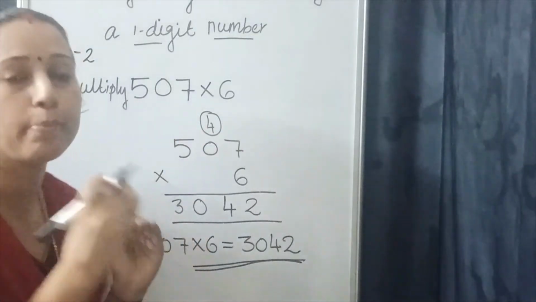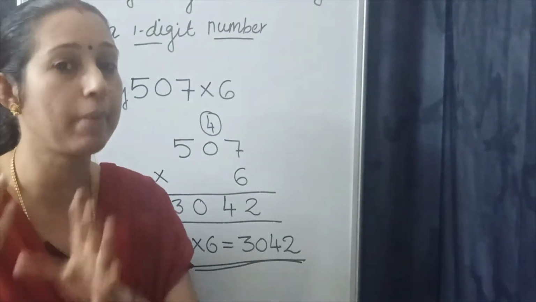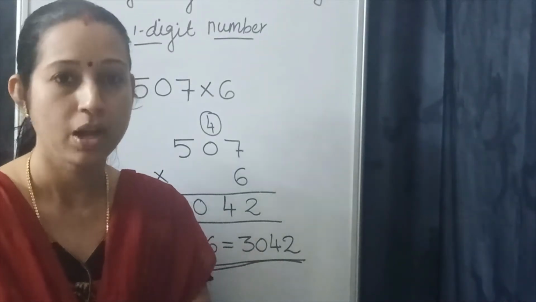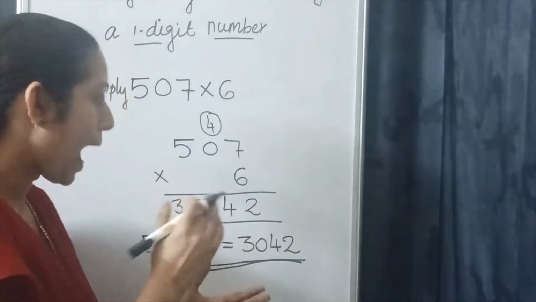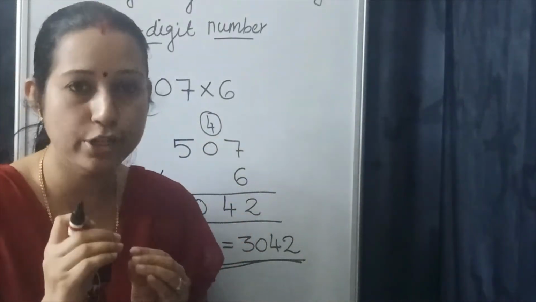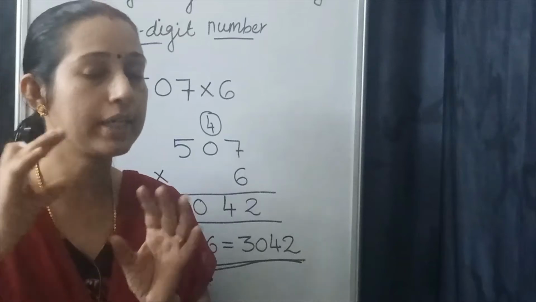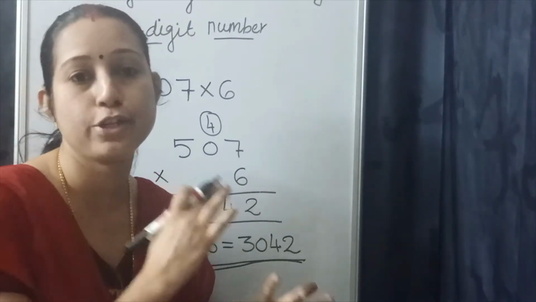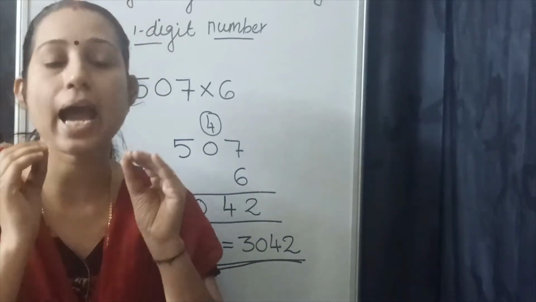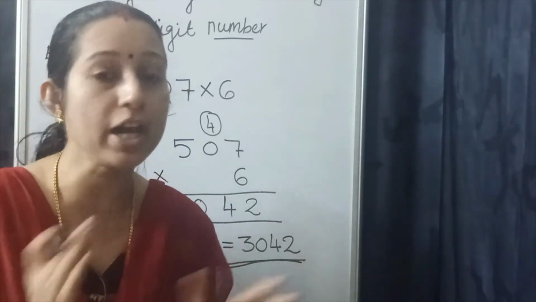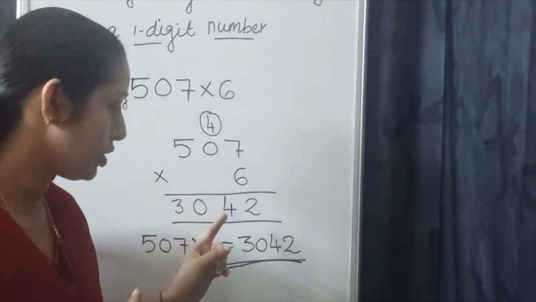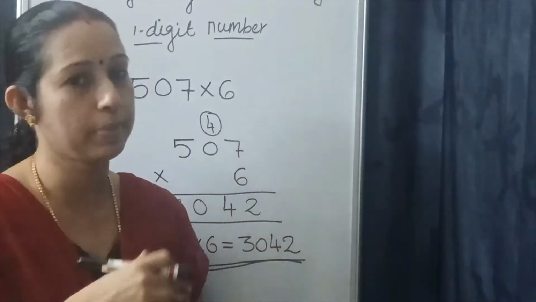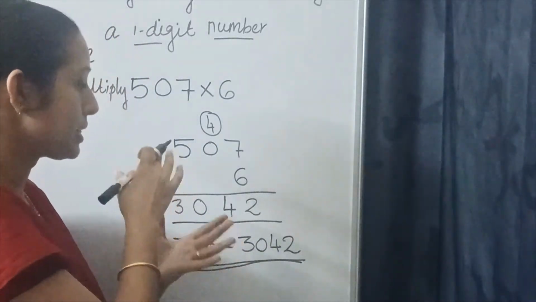Then, second step, we multiply the tens digit of the multiplicand and the multiplier, and add the carryover if any. If the answer is a 2-digit number, we regroup: the ones digit we write in the answer place and the tens digit is carried forward to the next place as the carryover. Then the same thing repeats.